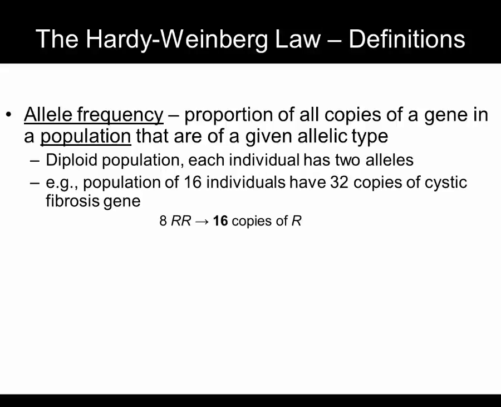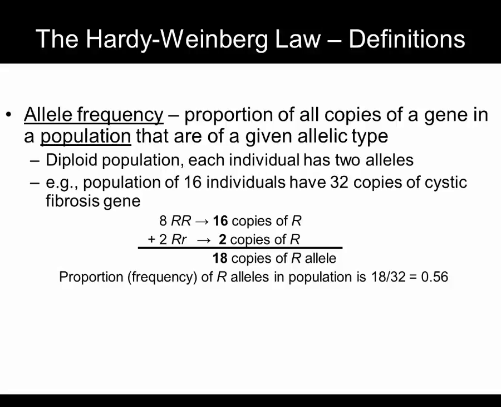Each has 2 copies of the dominant allele, so that's 16 alleles from that group. Then there are 2 heterozygotes, each with a single dominant allele, adding another 2, for a total of 18. Of course, homozygous recessive individuals will not have any dominant alleles. So that's 18 dominant out of 32 total for an allele frequency of 0.56. You would use a similar approach to find there are 14 recessive alleles, giving a frequency of 0.44.